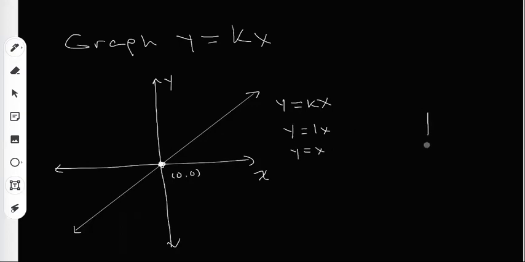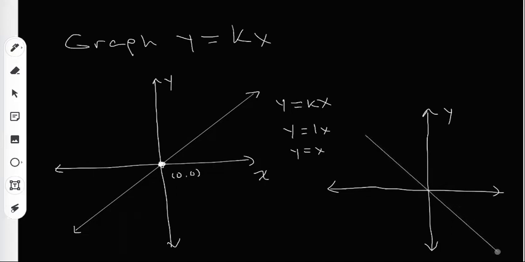But you could also have graphs that have a negative slope, like y equals negative x. That would look like this. So this is the x-axis, and this one is y equals negative 1x, or y equals negative x, same thing.